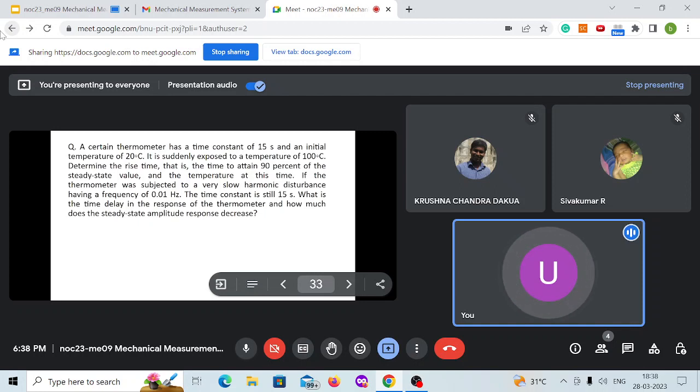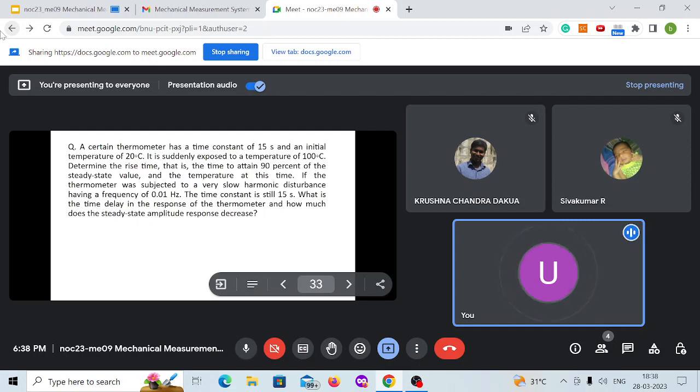We have been asked to find the time delay in response of the thermometer and how much the steady state amplitude response decreases from the input.